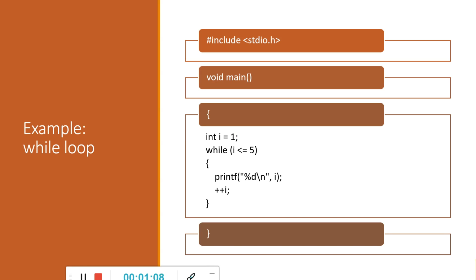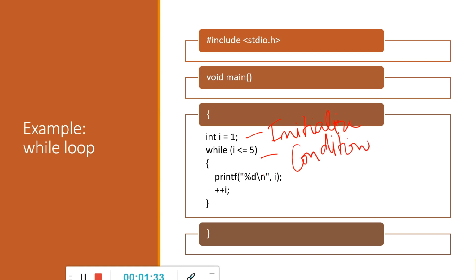What we do after this, we have initialization. We have created a variable named I, and we have initialized it with 1. And while I is less than or equal to 5, this is our condition.